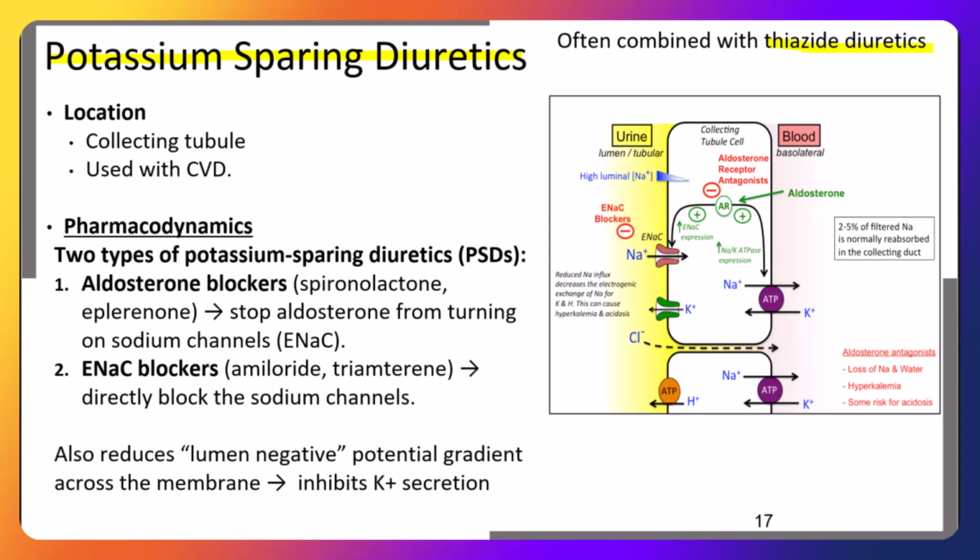Potassium is important when it comes to heart rhythms, heart function, nerve signals, muscle function, fluid balance, pH levels, and so on. So if you can spare it, that's beneficial.